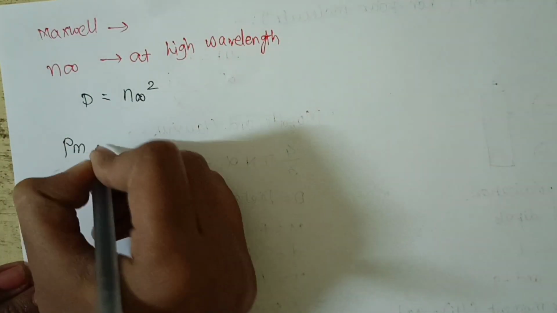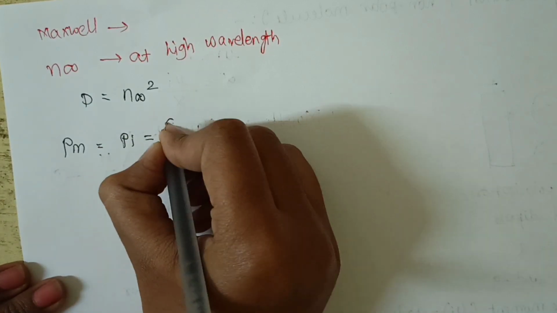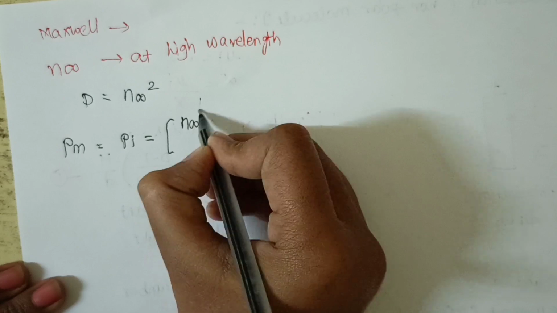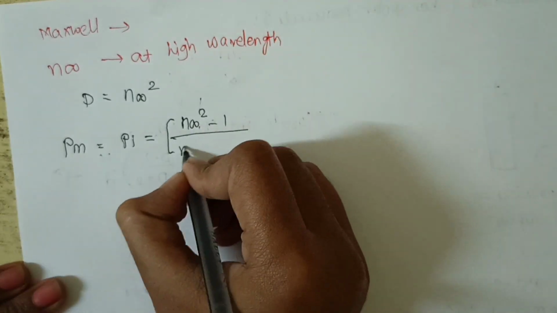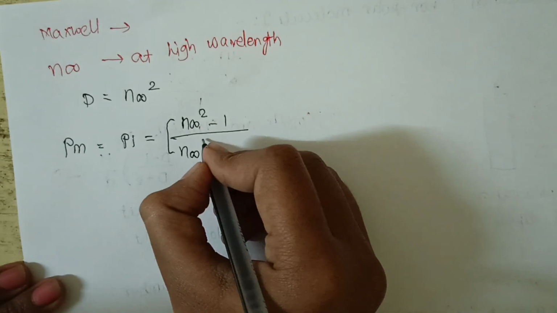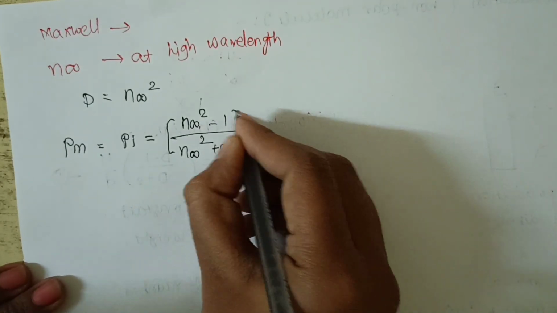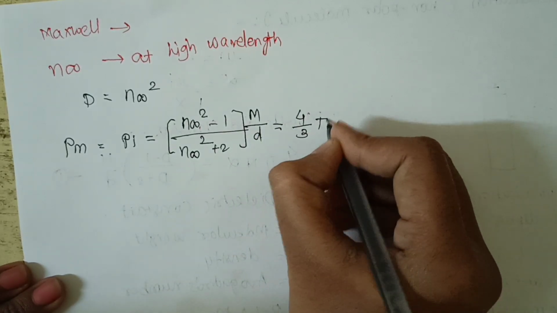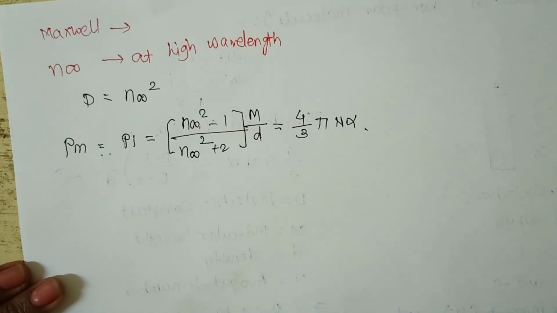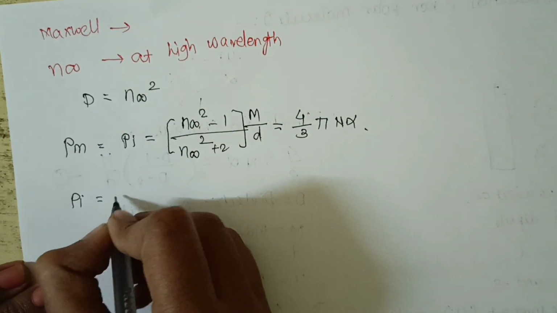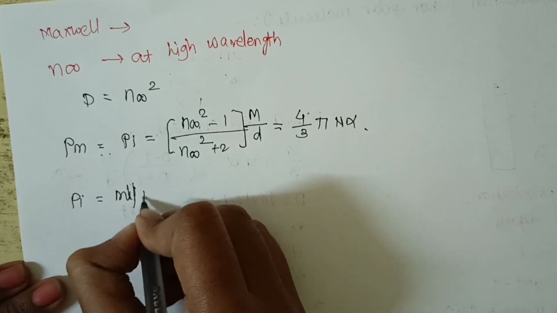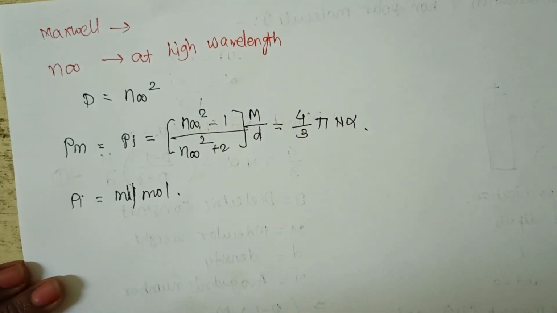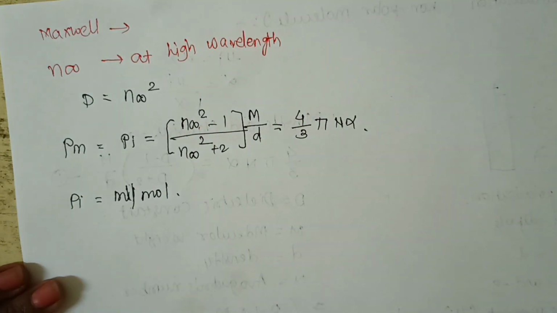So equation 1 becomes Pm equals Pi equals (n infinity squared minus 1)/(n infinity squared plus 2) times M upon d equals 4/3 pi n alpha. Pi is expressed in ml per mole. Knowing the values like d, density, and Pm, Pm or Pi can be calculated.